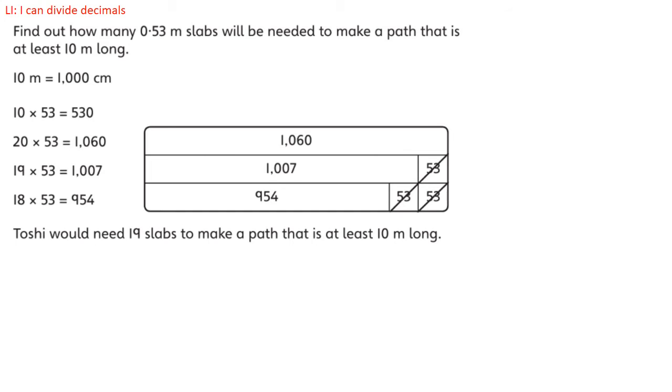So if I took away two slabs, that means I could only make a path that's 954 centimetres long. So that's not 10 metres, is it? So how many slabs am I going to need? You're quite right. I'm going to need 19 to make a path that is at least 10 metres long.